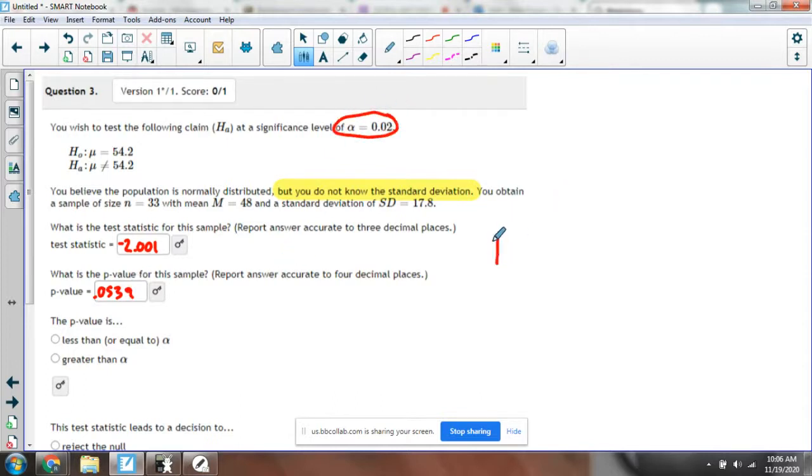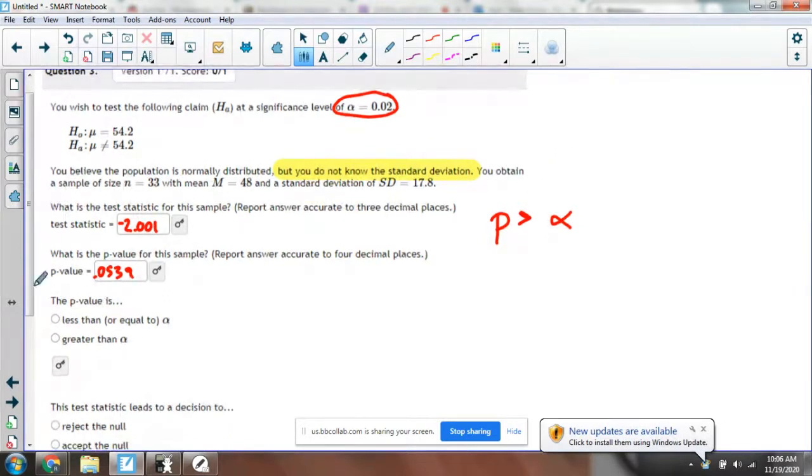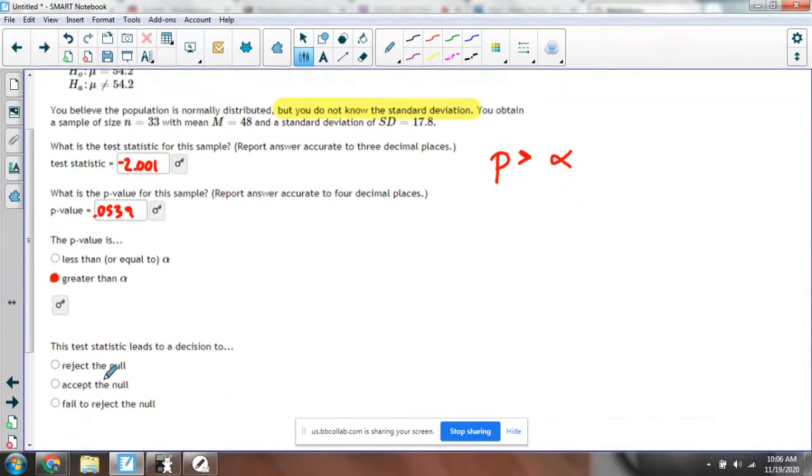So when we're comparing our p-value and our alpha, the p-value is greater than our alpha. 0.05 is greater than 0.02. So the p is not low, so we cannot reject the null. The p-value is greater than alpha, so that means we failed. Again, it's never going to be accepted. We failed to reject the null.